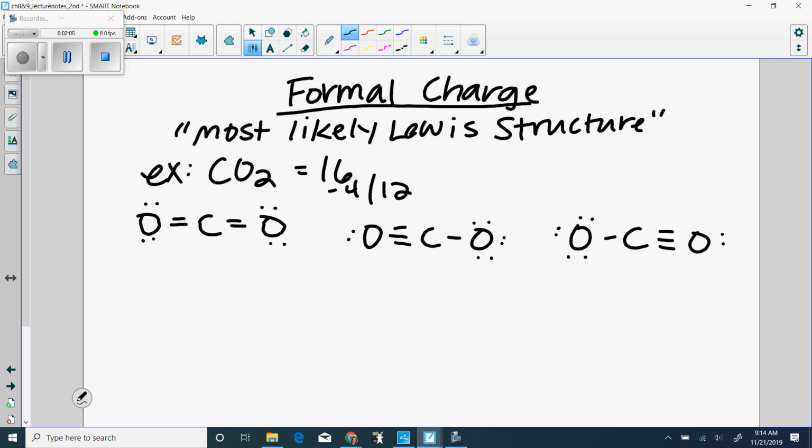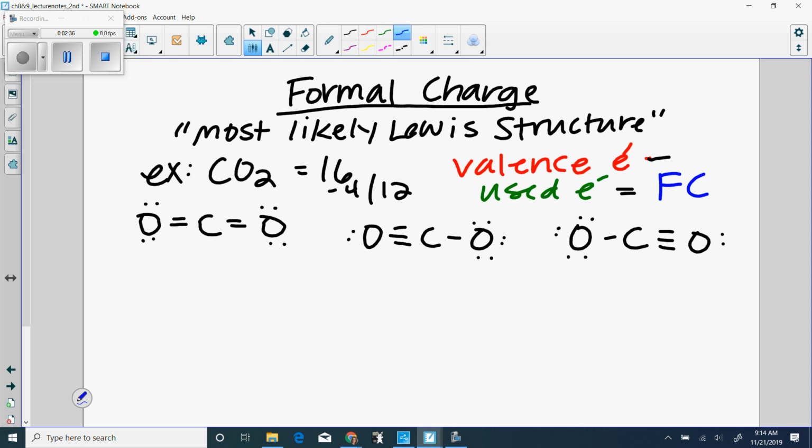But for formal charge, I'm going to use colors. I'm going to use all of the colors for this. Red minus green equals blue.